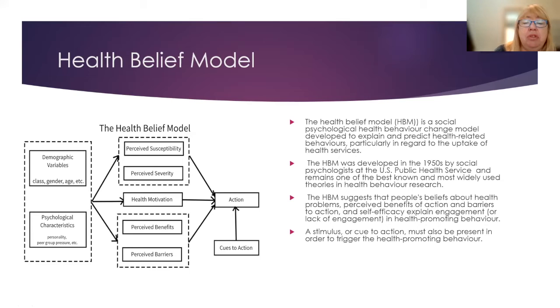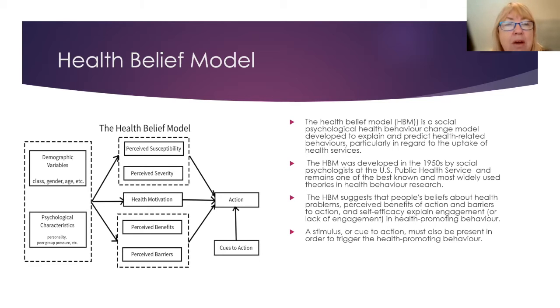And it's a social psychological health behavior change model. So it tries to explain and predict different types of behaviors relating to health and how people take up services. Okay. And it really suggests that people's beliefs about health problems and their belief in what benefits them are what encourages them to either engage or not engage with healthy behavior.